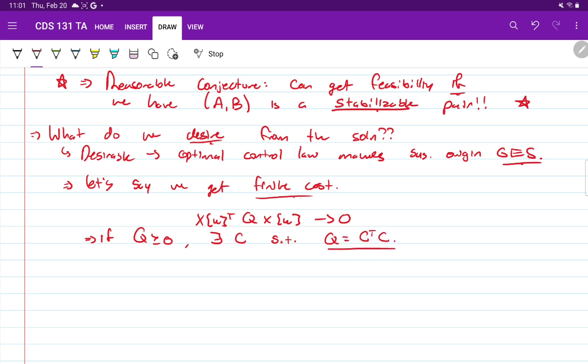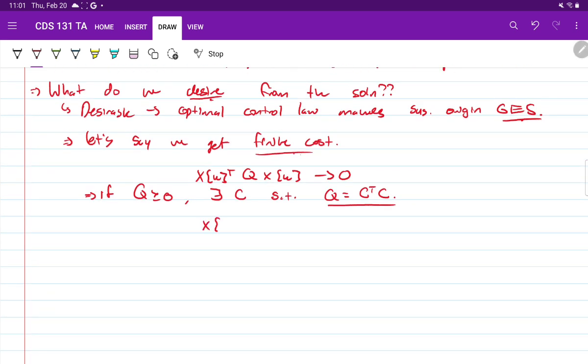So if we're trying to figure out if we actually get global exponential stability, maybe we want to examine what's happening to our state vector x in more detail, okay? So by using this decomposition, Q equals C transpose C, maybe we can figure out what's happening with x, right? So if I plug this in, then what I get is x transpose times C transpose times C times x will go to 0, all right?